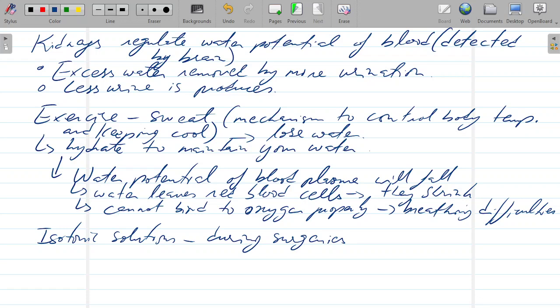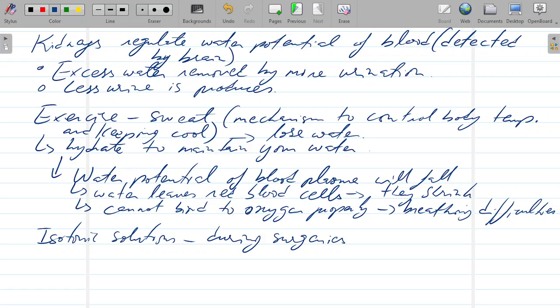Because if they put pure water on the wound, that's going to be hypotonic. That will cause the water from the cells around the wound to leave the cells, and the cells will die. And so you don't want that. You're trying to save the person. So they will use an isotonic solution to clean it, which will have some salts in it, right? And so that way the cells will not be damaged when you put water on.